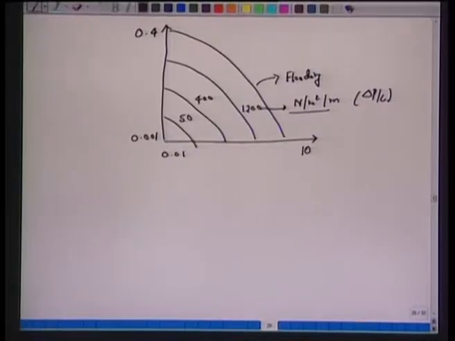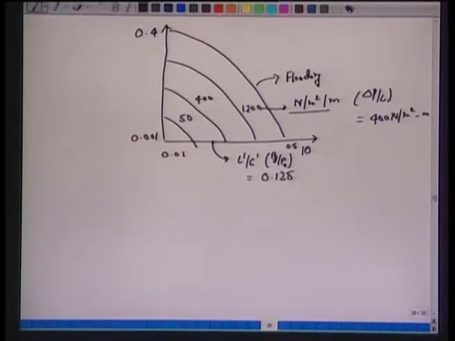So now we know this quantity, which was L prime over G prime times rho G over rho L to the power 0.5. This we calculated as 0.125. So we mark this point. The pressure drop per unit length, if you recall, was given in the example, it is 400 Newton per meter square per meter.